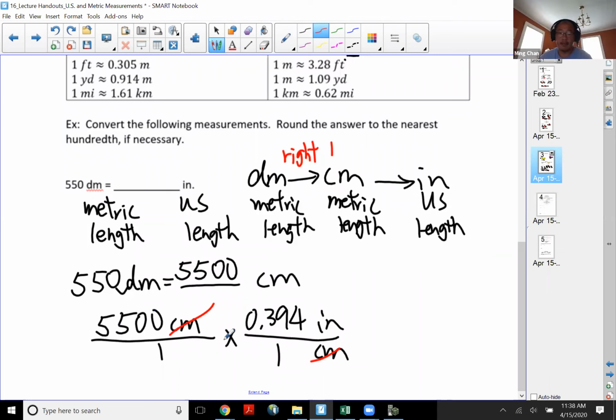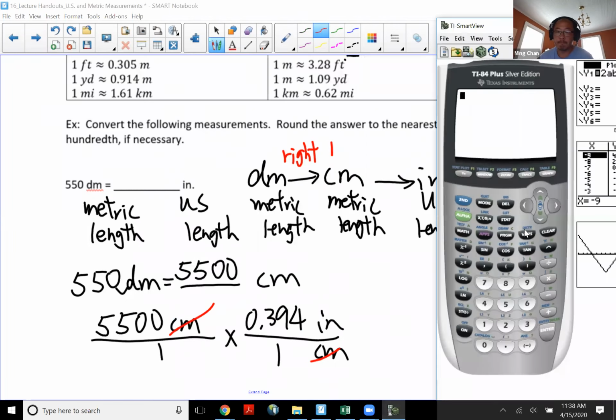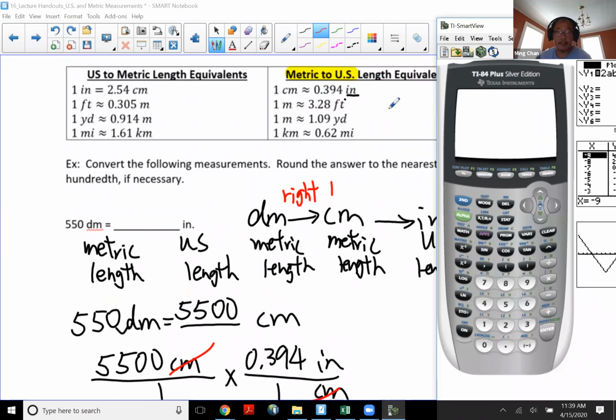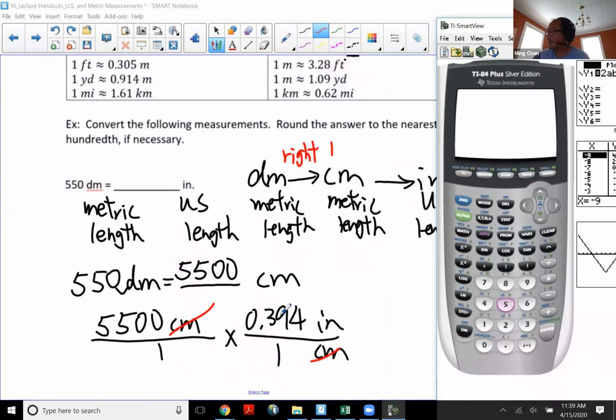Multiply, right? 5,500 times this divided by 1, so I just multiply straight up. That's the reason why, if you use the correct box of measurements, you will always multiply. 5,500 times 0.394. Voila, 2,167 inches.